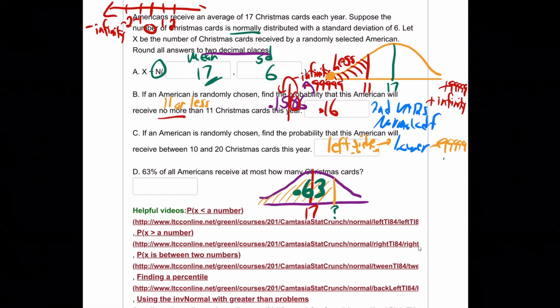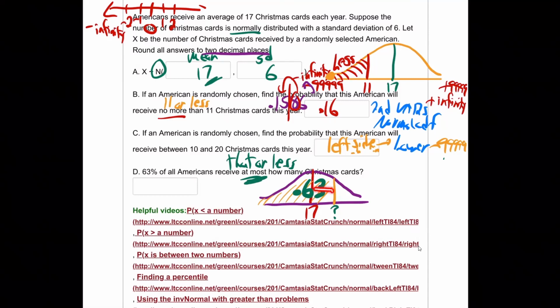Well, at most means that or less. If I say, hey, I've got at most 5 coins in my pocket, that means I have 5 or less, huh? The most I could have is 5. I might have less. So when they say at most how many Christmas cards, they mean that or less.